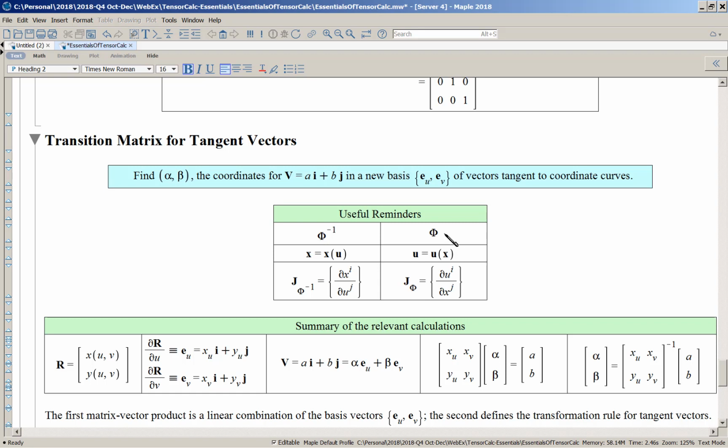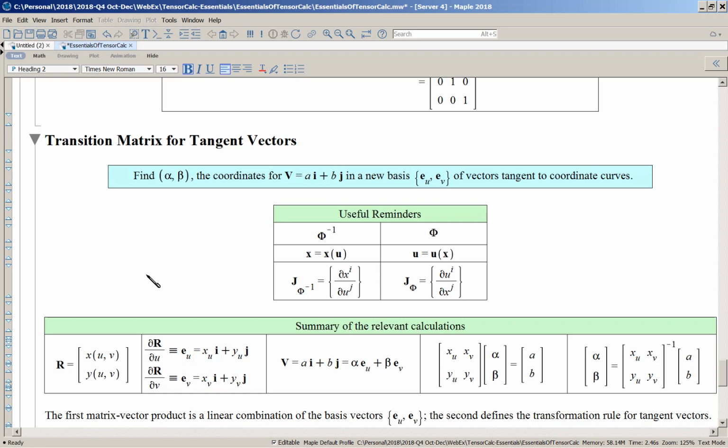Forward mapping. Phi. U is a function of x. Remember, you have x, that's where you are now. You plug those numbers in and you get a u. That's the new place. And so the Jacobian matrix J phi has elements, components, dui dxj.